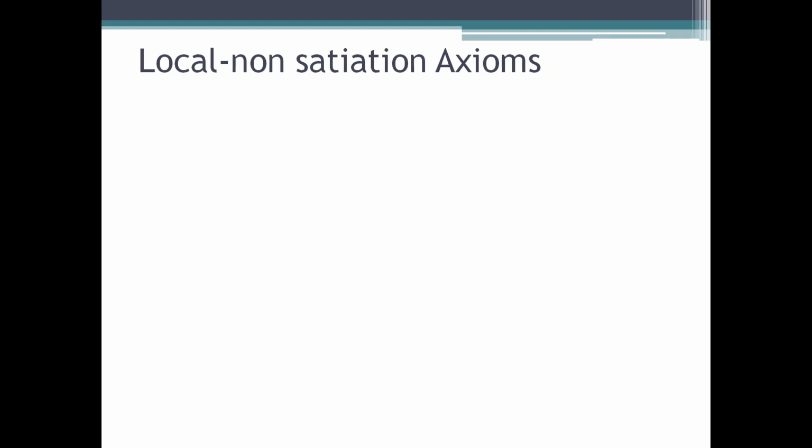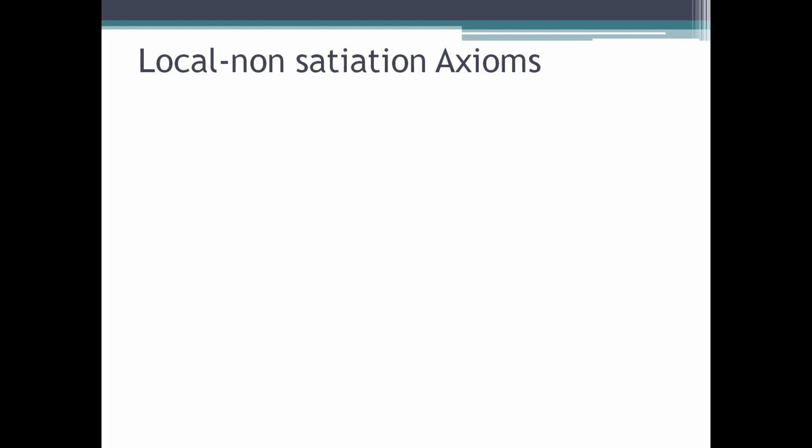It's a consumption bundle that any consumer would like to reach. Whenever he's as close as possible to this point, he will always be better off until he reaches this satiation point, this consumption bundle, so as to get the maximum utility ever. This is the satiation point.